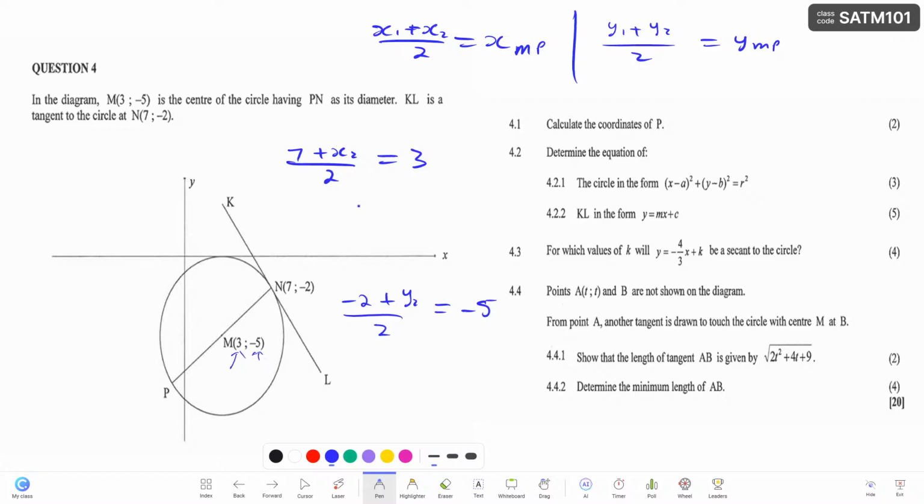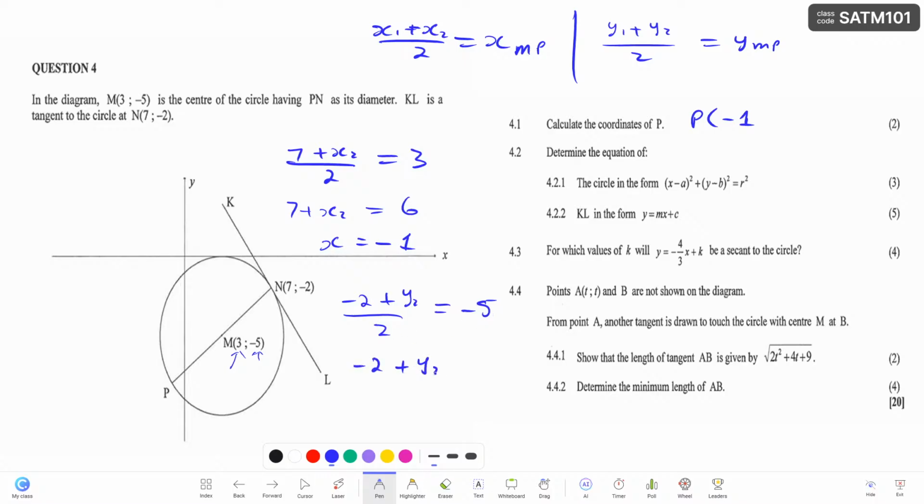So then after, you need to do cross multiplication. For this one it's going to be 7 plus x2 is equal to 6. Then take 7 to the other side, you're going to get x is equal to -1. So our P, our x value is -1. Let's check our y value. So y value cross multiplication.